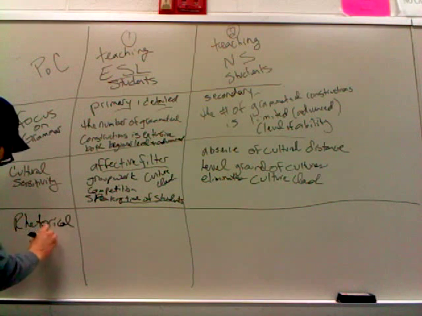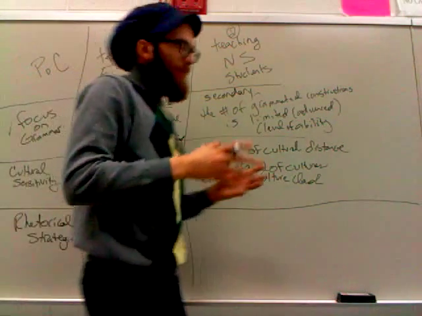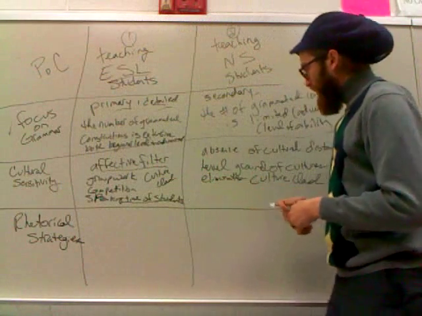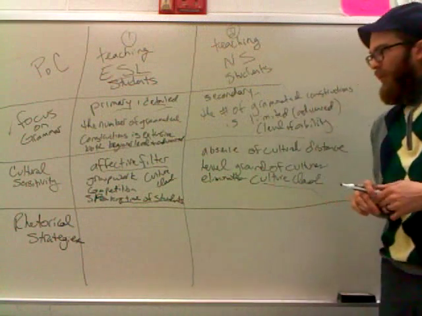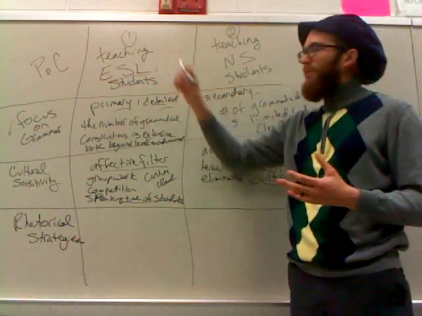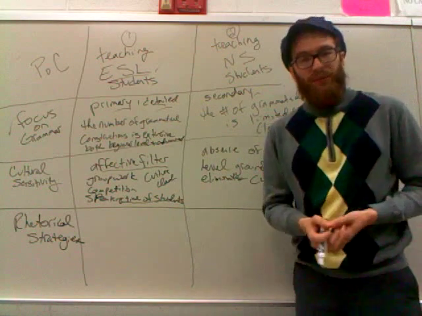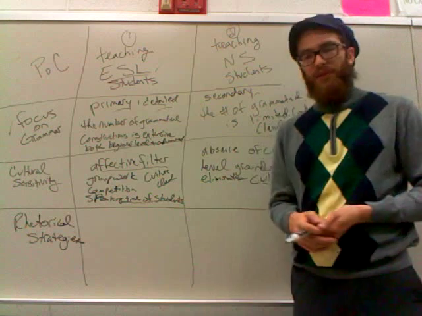Well, this is kind of a consequence of culture clash. Because my students are coming from other cultures, my ESL students that is, they come from cultures which write differently and express themselves differently.